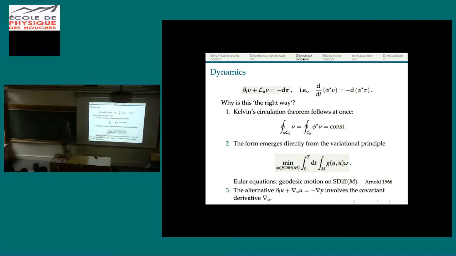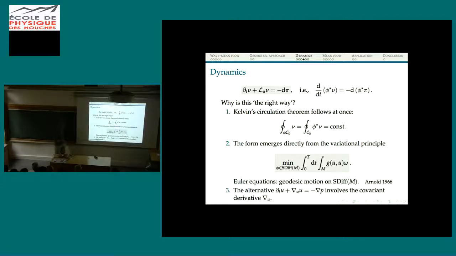So you try various flows that give you various velocities, you calculate the corresponding kinetic energy, you integrate in time, and then Arnold's claim, which is not too hard to check, is that the Euler equations arise as the minimum trajectory. And the point I'm trying to make is that if you do this calculation, the equations fall exactly in this form and not in the form we are more familiar with.